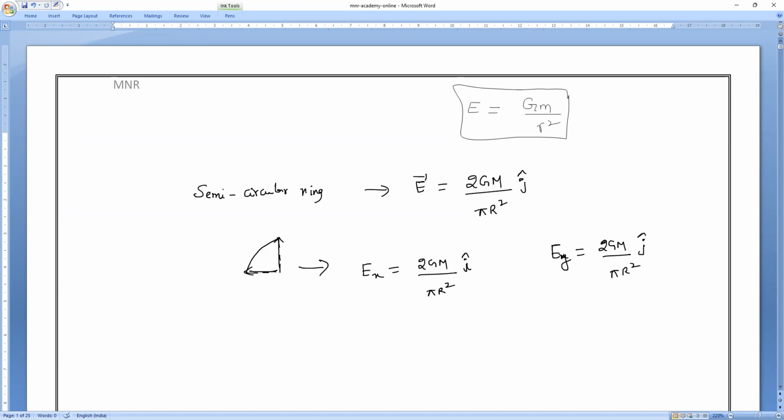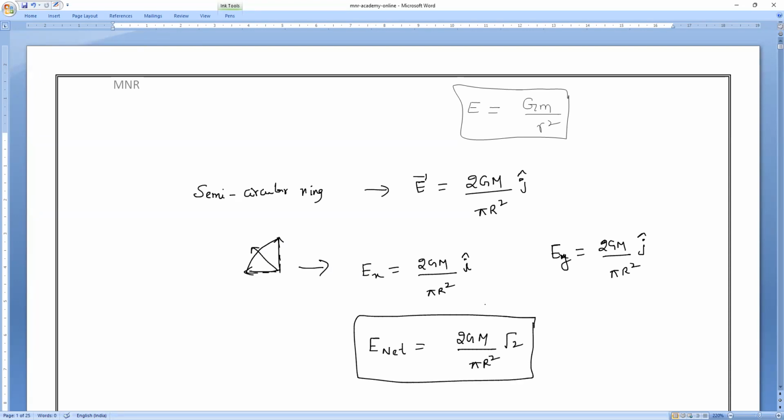Then we found the resultant gravitational field, E net. What is the answer we got, Dreswar? We got 2GM divided by pi r square into root 2. So these are the things we derived in the last class. Am I right, everybody? Please respond, guys. Yes, sir.